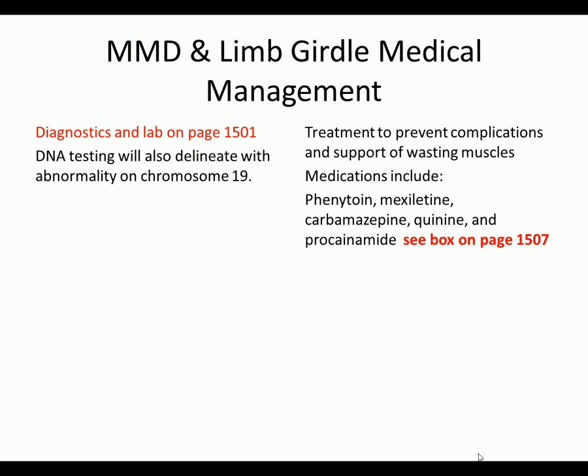Treatment is prevention of complications, support to prevent muscle wasting. Medications that you will see these patients placed on are phenytoin, carbamazepine, quinine, and procainamide, and these are listed in the box on page 1507.